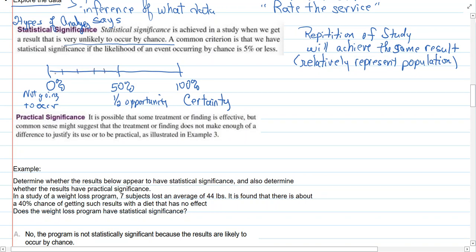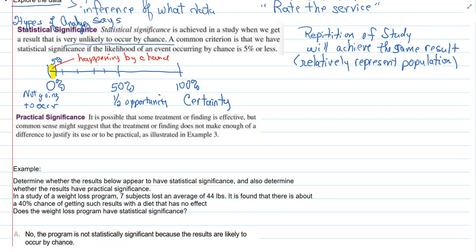There we go. So 5% is right here. There is 5% or less by chance that all the data is challenged, and there's less likelihood of that occurring. All right.